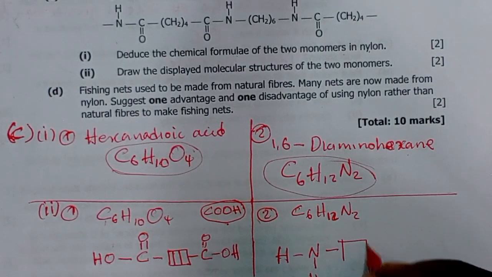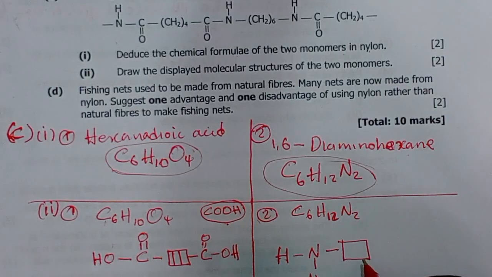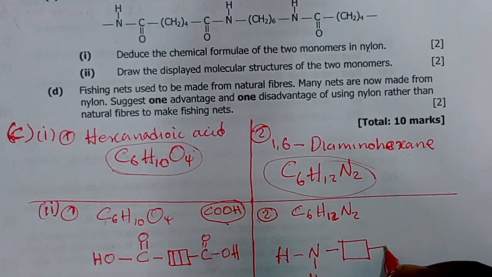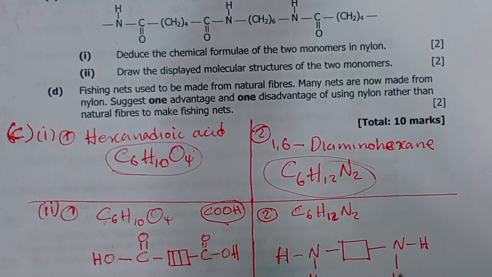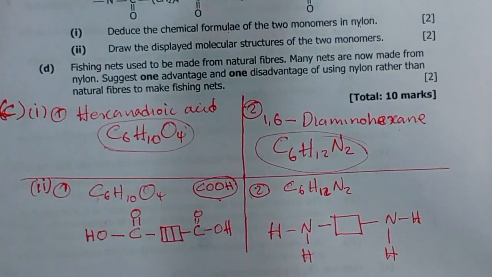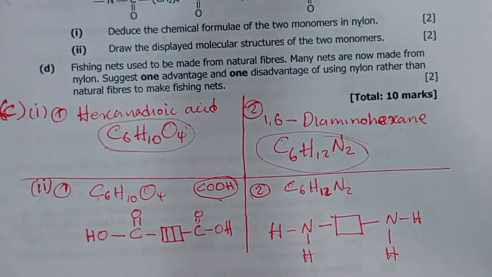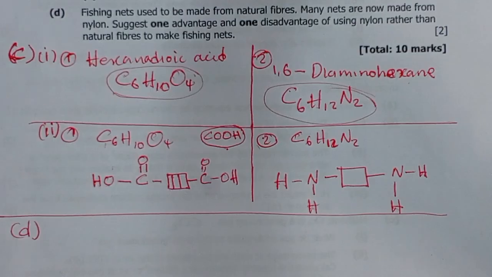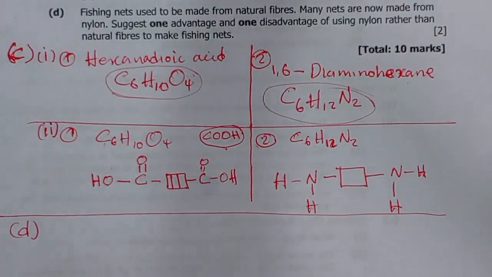This box represents the carbon chain. So that is the structure of 1,6-diaminohexane.